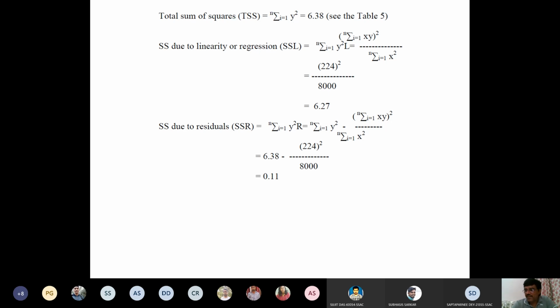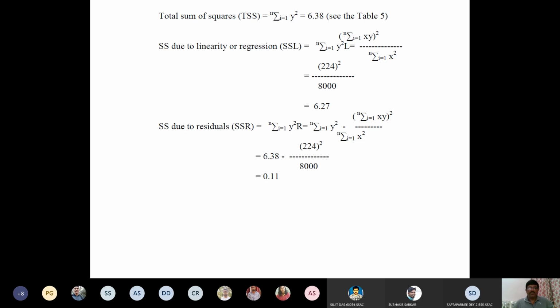And residual is by the difference method. From the data in the table where we calculated these parameters, I told you very prominently that the total sum of square is y square. You can take the value from there, which was 6.38, and put the values of xy and x square, and you get 0.11.